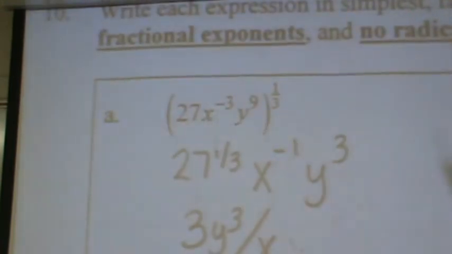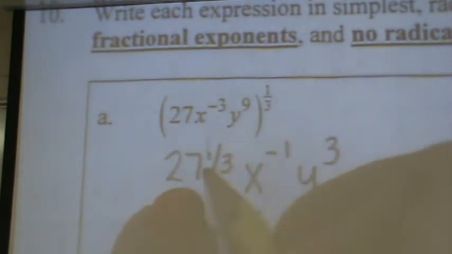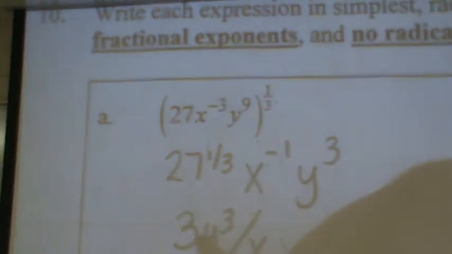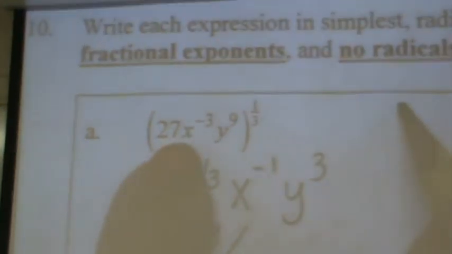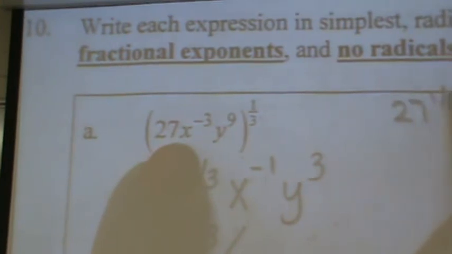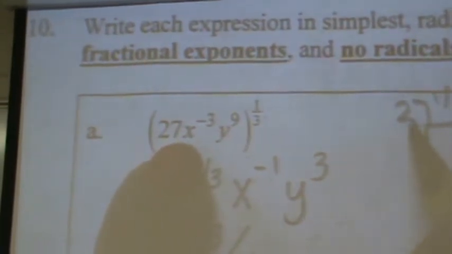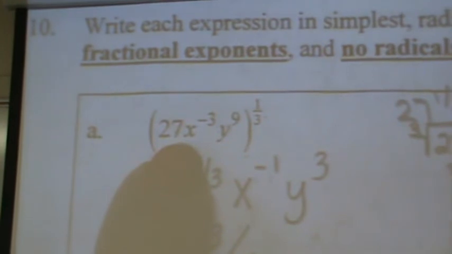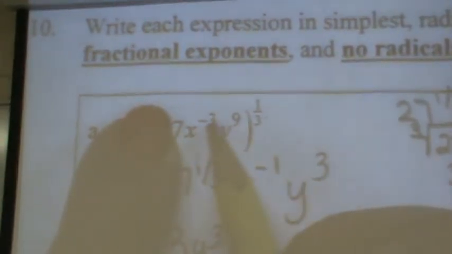Number 4. Okay, how do you do these with these fractional exponents? So, you're going to distribute. 27 to the 1/3 power is just 3, guys. 27 to the 1/3 power is the same as the cube root of 27, which is 3. Now, what do you do with these powers?